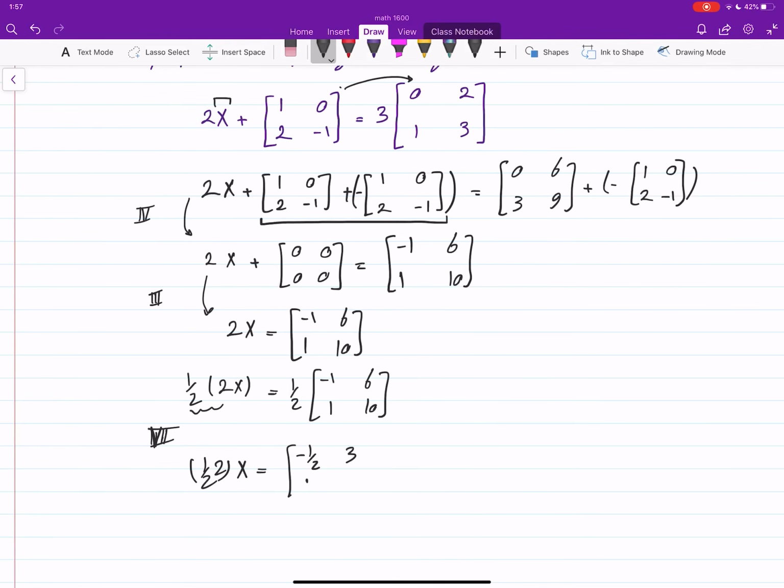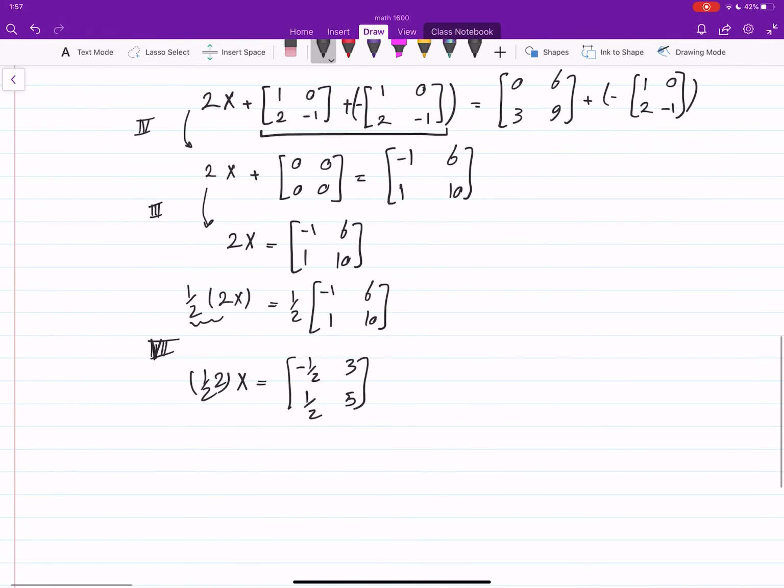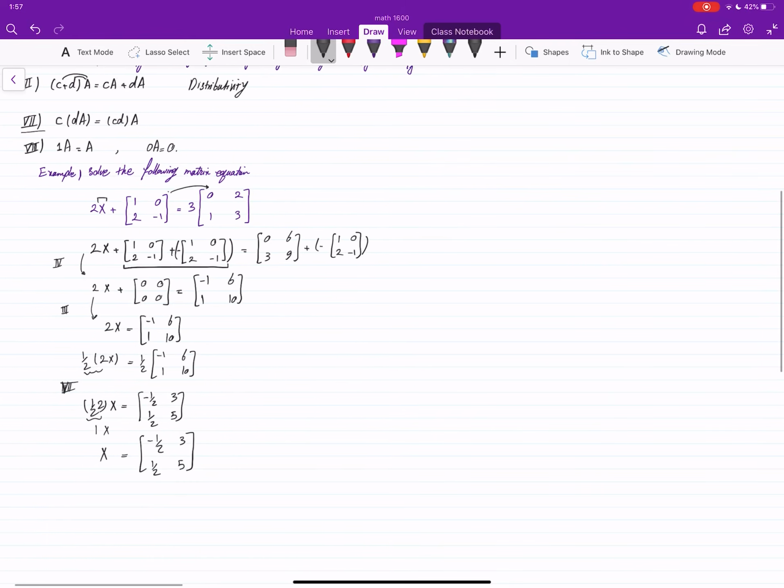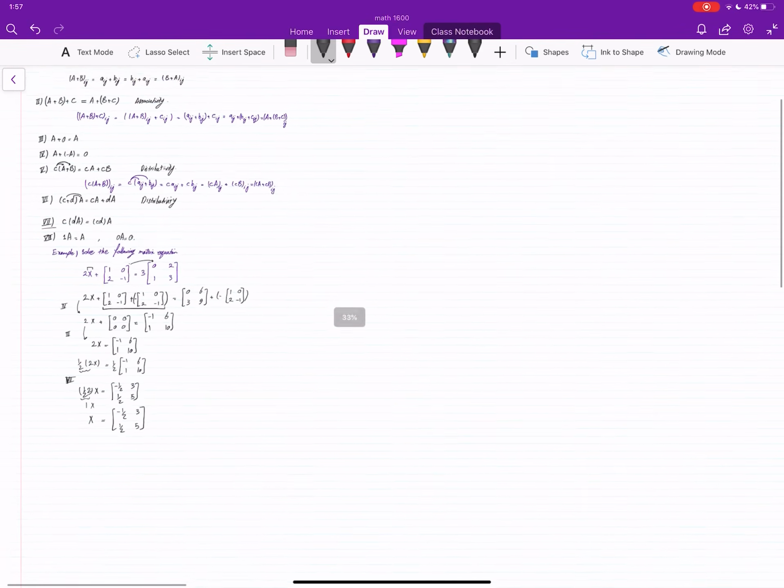On the right hand side we get these things, but this is 1, and 1 times x is x itself. This is another property that we had. So you can do exactly the same steps as before, just keeping in mind that we are now working with matrices rather than just scalar numbers. Okay.